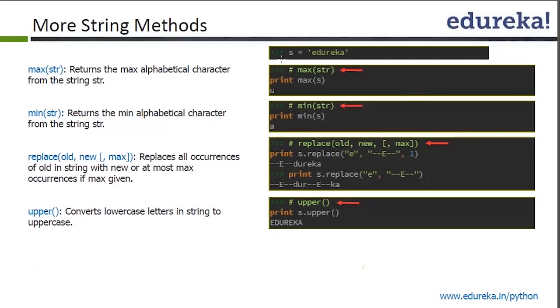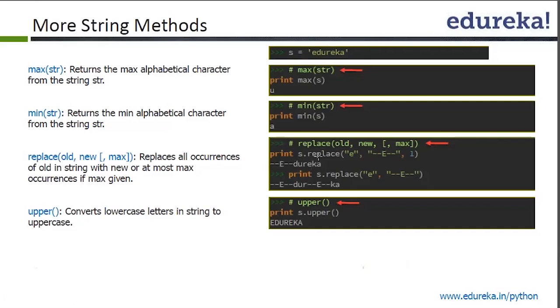See, it's so simple, right? s equal to Edureka, and then you say print max of s will give you u, because you would have the maximum ASCII character, right? LMNOPQ or STU. After that, VWXYZ will just not appear here. So max is that, min is a, right?